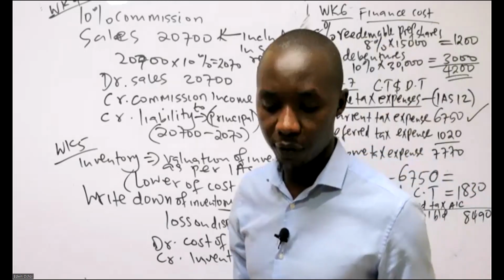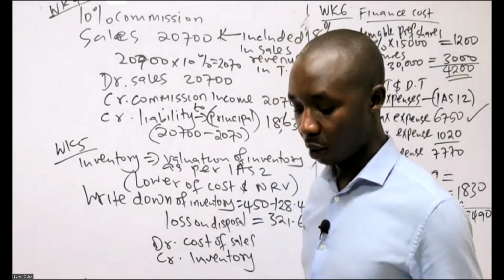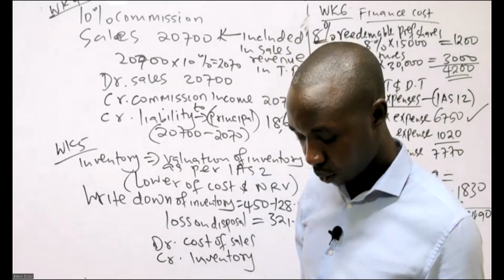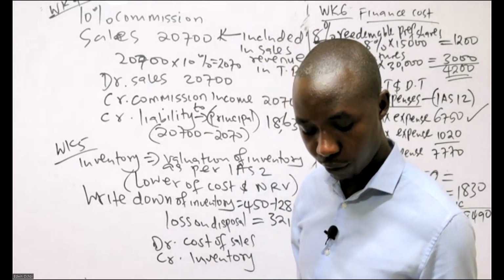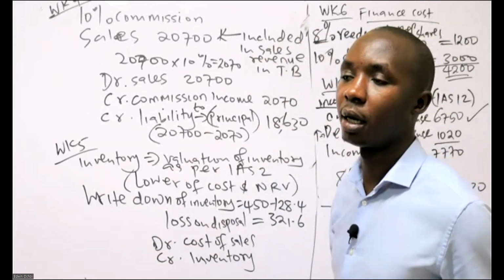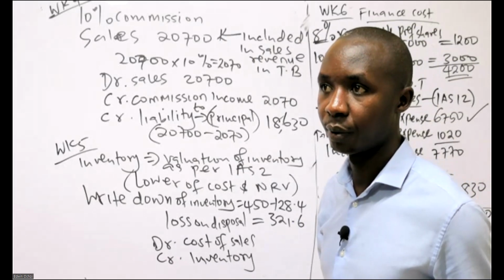In some scenarios, revaluation must affect deferred tax. Our revaluation was when we did revaluation for land and building, because already we have been given a corporation tax rate of 30% in that question.